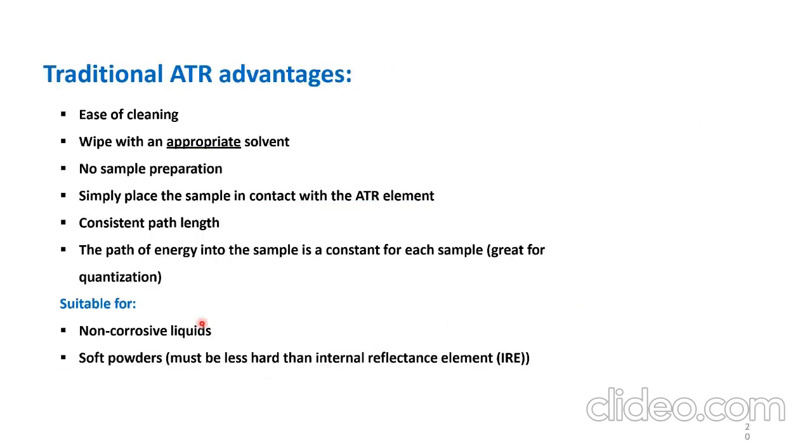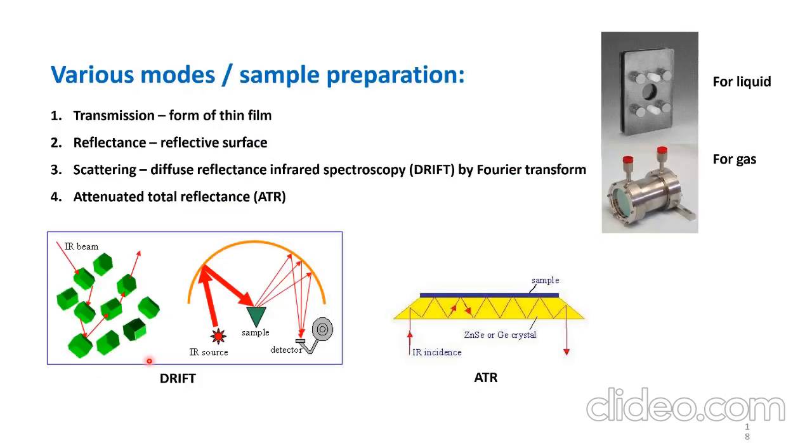It is not suitable for corrosive liquids because the crystal can react with them. And soft powders can be hard for this, so normal modes can be used in case of powders.